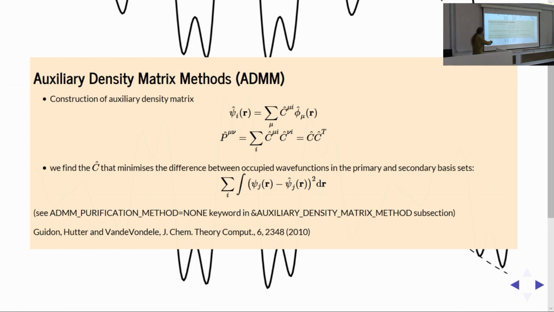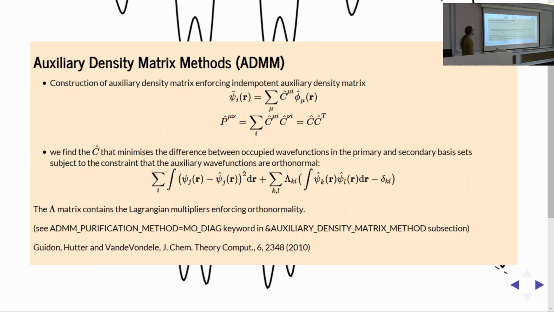If we set this ADMM purification method to none, this is what it does. It just looks for the best set of these in some sense, solves a set of equations, finds those, and that defines our auxiliary density matrix. And then that's fed into the 2-electron machinery. We can do better. We can constrain our new density matrix to be idempotent, or that essentially the auxiliary Kohn-Sham orbitals are normalized and orthonormal to each other.